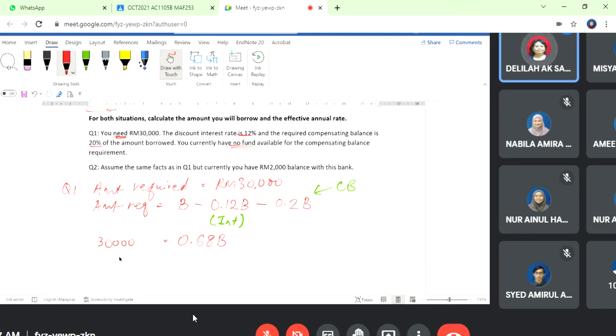So when you solve this, solving for B is 30,000 divided by 0.68.